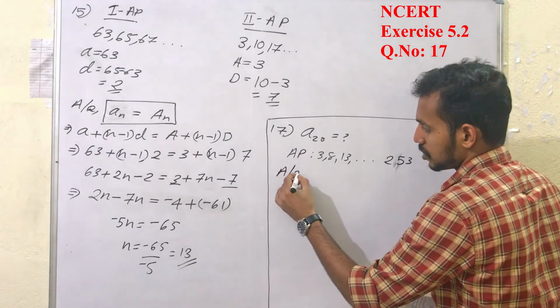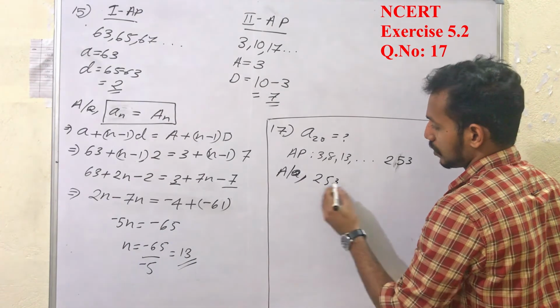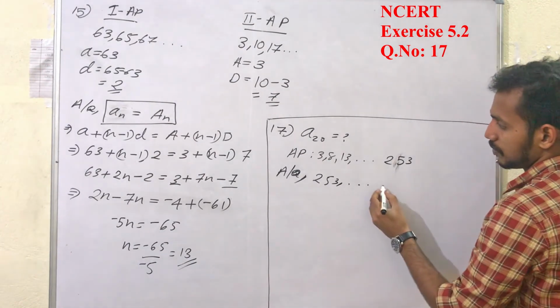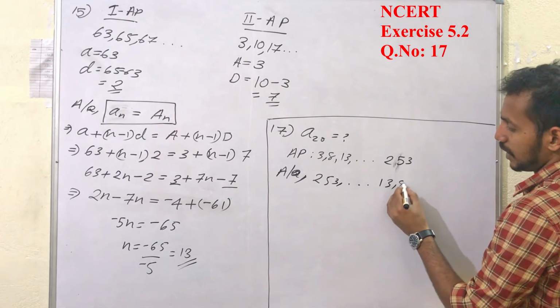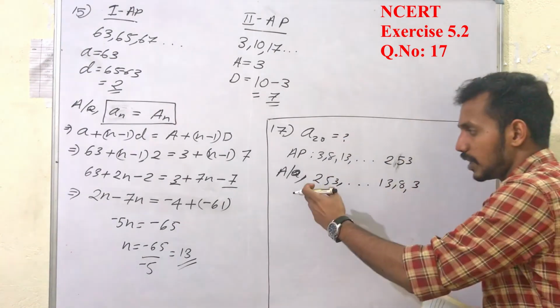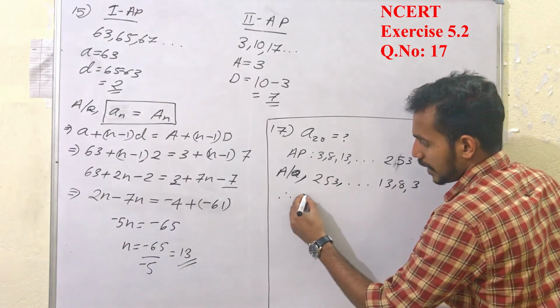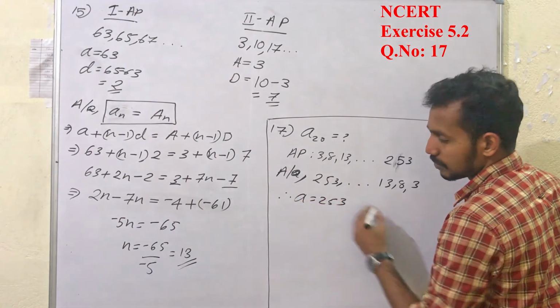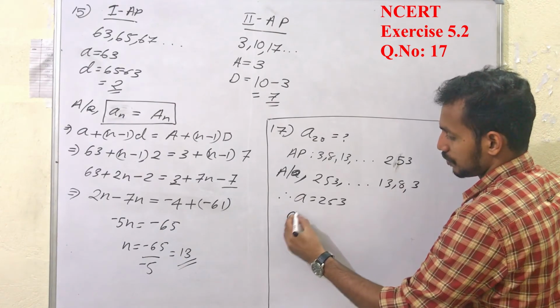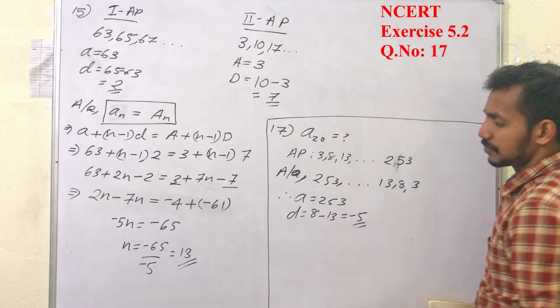According to the question, the AP should be reversed: 253, etc., 13, 8, 3. The AP should be like this because we are going to find from the last term. Then a is equal to 253. Then d is equal to 8 minus 13, which is equal to minus 5.